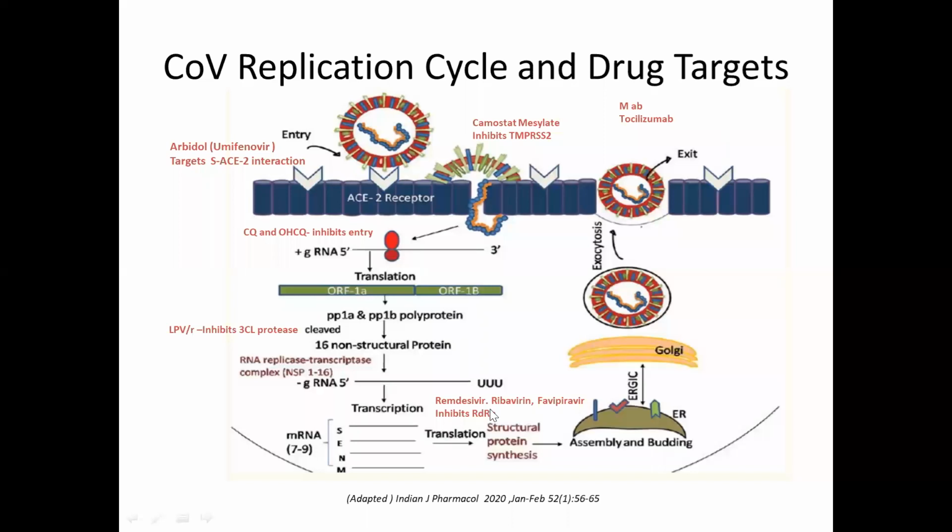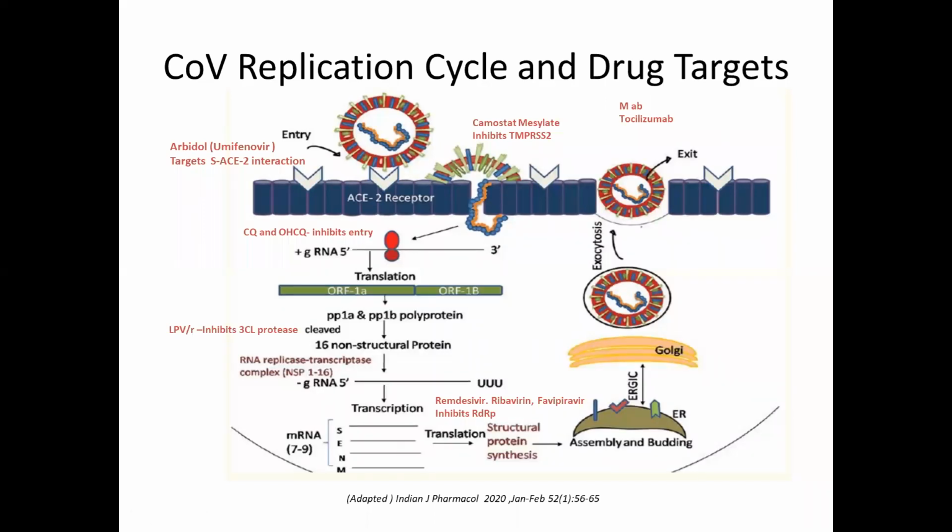This is very similar to what we see in HIV, where we have entry inhibitors. You can either inhibit attachment, fusion, you can inhibit protease activity, you can inhibit reverse transcription.